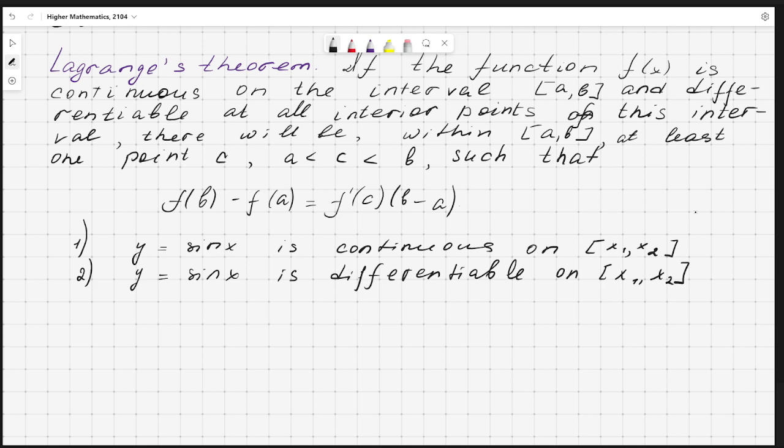And our theorem, Lagrange's theorem, gives us that if this property of the function y is sine of x is true, then there exists the point c that lies between a and b, it means x1 and x2, in which we can form this formula.